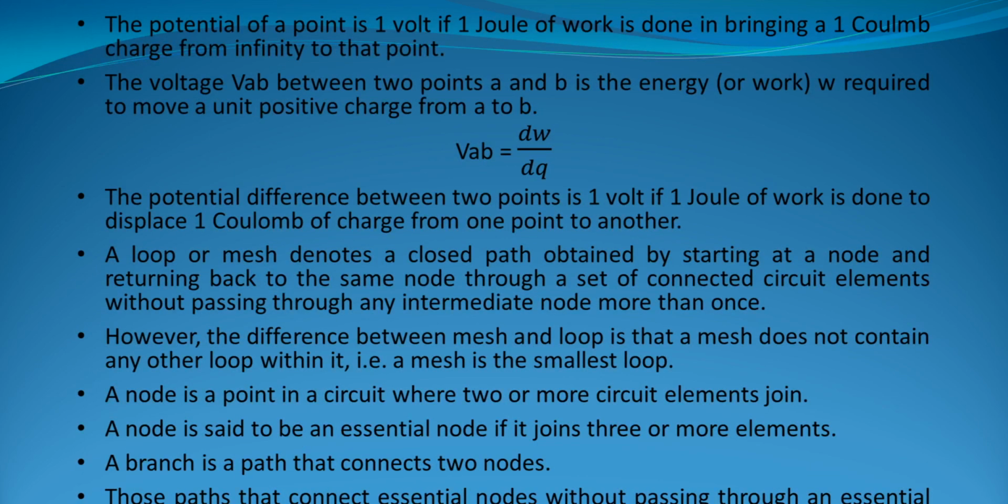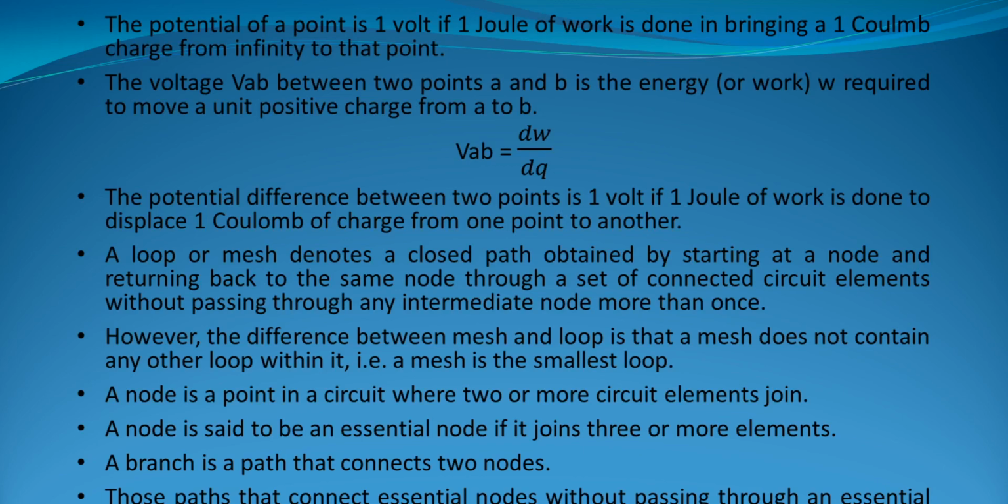Then comes the potential of a point is 1 volt. This is the definition of potential of 1 volt. The potential of a point is 1 volt if 1 joule of work is done in bringing a 1 coulomb charge from infinity to that point. In the previous slide, we talked about a reference point. This infinity is that reference point only.